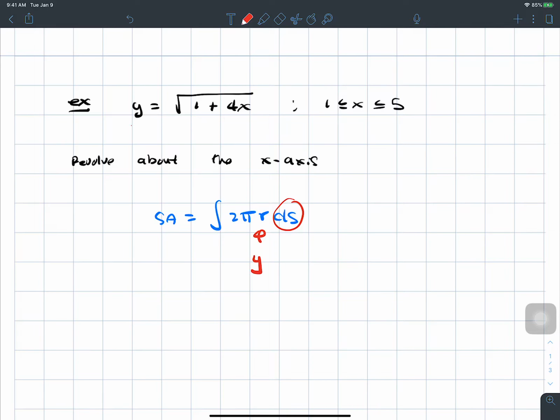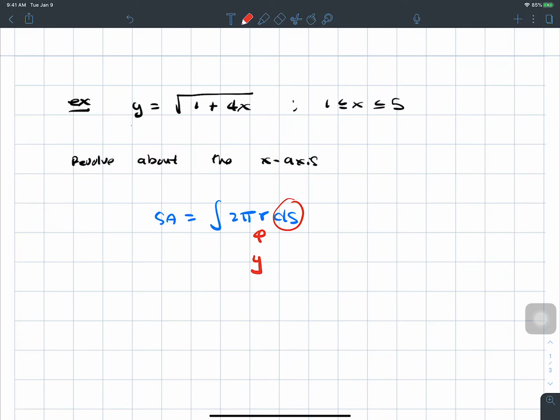So since y equals (1 plus 4x) to the 1/2, dy dx is 1/2 (1 plus 4x) to the minus 1/2, and then by chain rule, we differentiate, and this is 4. So altogether, we get 2 over square root 1 plus 4x. That's for dy dx.